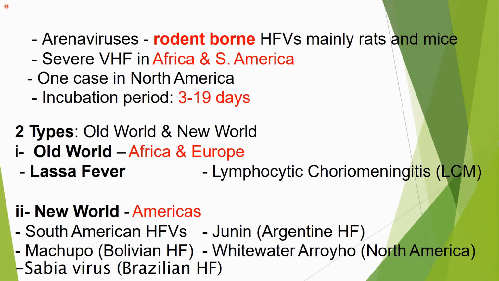In the Old World, in Africa and Europe, is Lassa fever, along with lymphocytic choriomeningitis. The New World affects the Americas, and these viruses include the South American hemorrhagic fever viruses: Junin virus, also termed Argentine hemorrhagic fever virus, Machupo virus, Whitewater Arroyo virus, and Sabia virus.